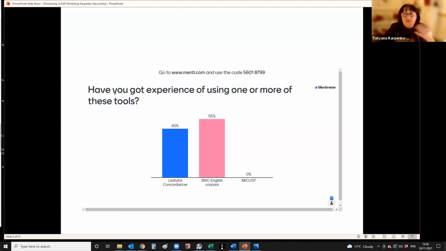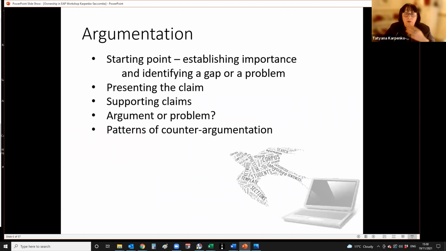And so I won't spend a lot of time on the nuts and bolts of these if a lot of you have used it. Okay, so I'm going to look today at how I use corpus materials for teaching argumentation, particularly at starting points of argumentation, when students start developing their arguments and presenting their arguments.